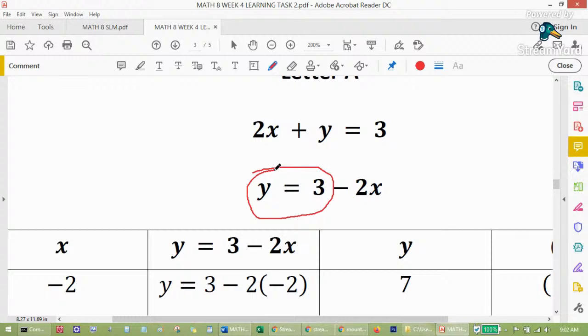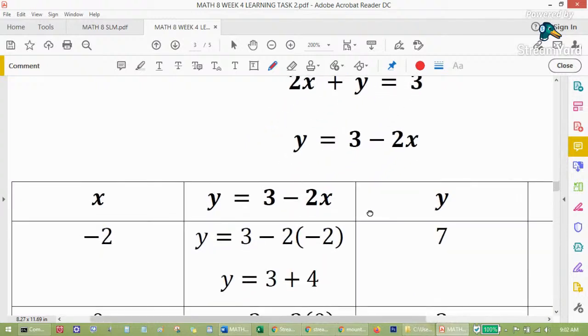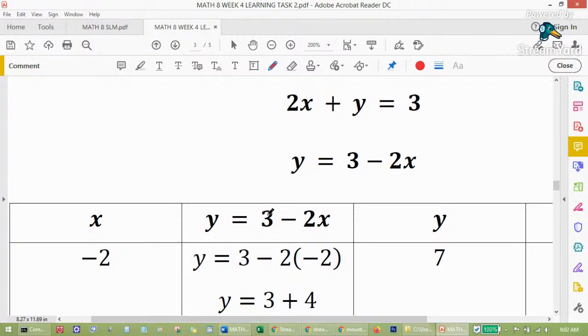And then, tong positive 2x, pag nilipat natin sa kabila, magiging negative 2x. Okay? So, kinopya lang natin to, no? Y is equal to 3 minus 2x.